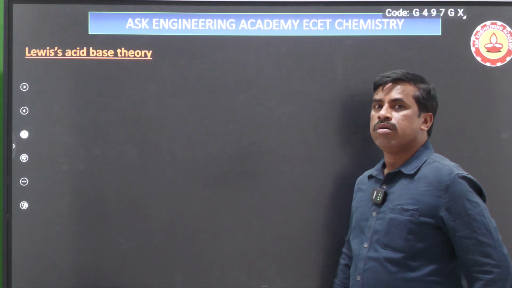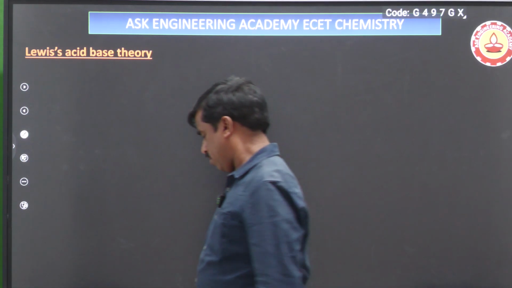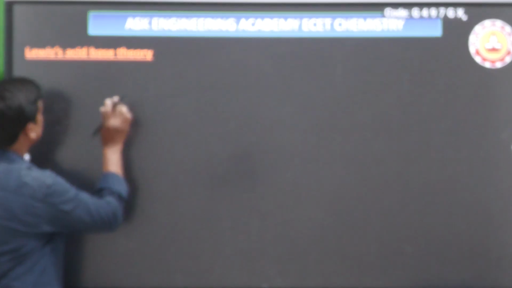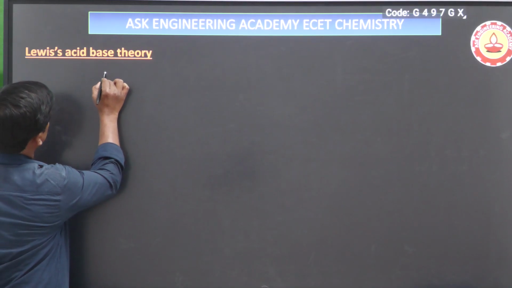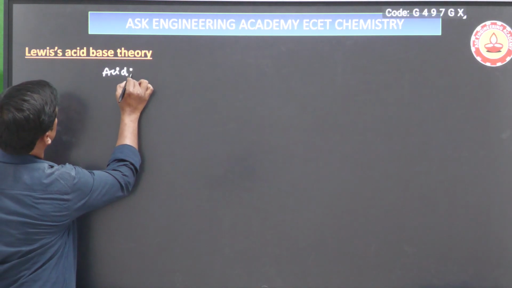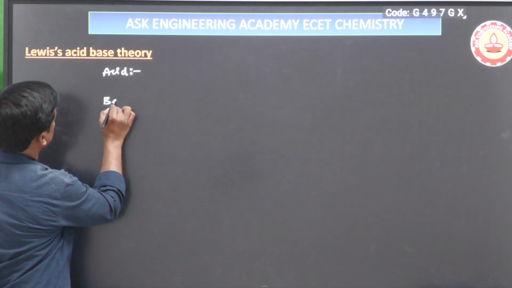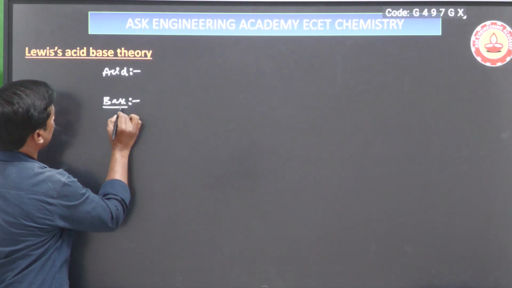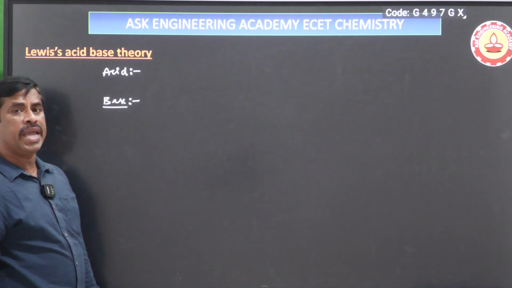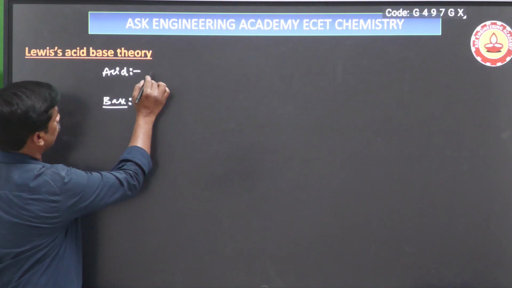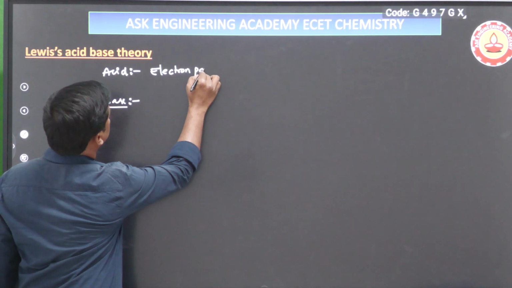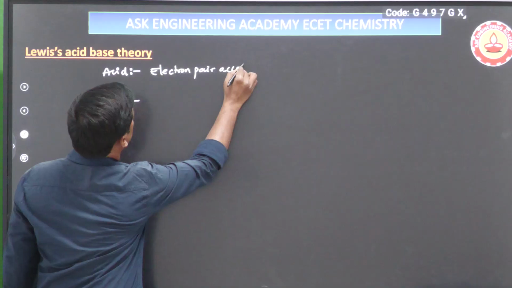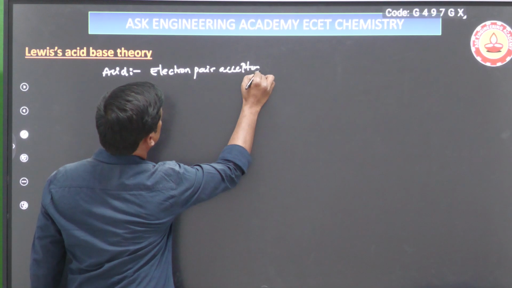This theory is described in terms of the electron pair. Here I am writing what the acid definition is, and what the base definition is.